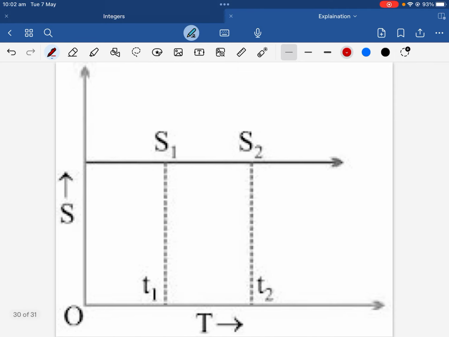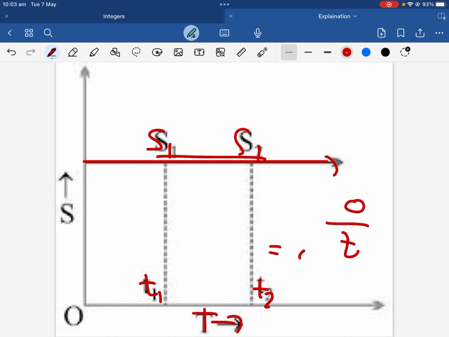That was relatively simple. Now a body at rest. So it is a straight line. This is distance 1, distance 2, and time T1, T2. The speed will be 0 by time, that would be 0. So the body at rest would be 0.